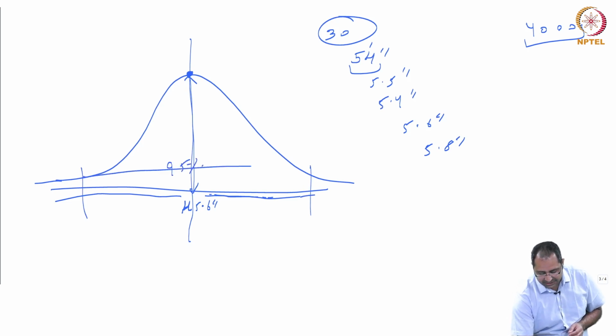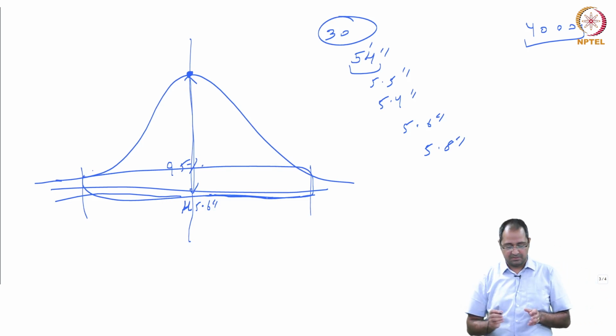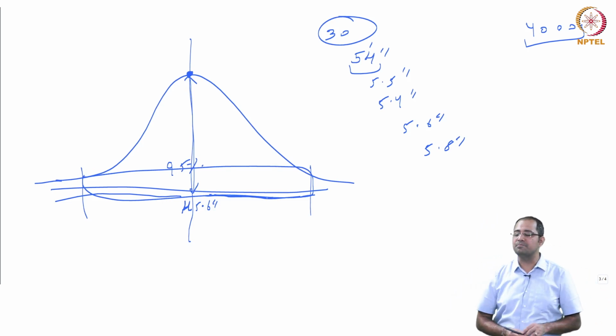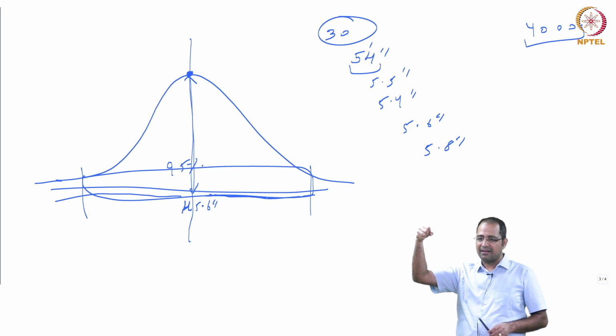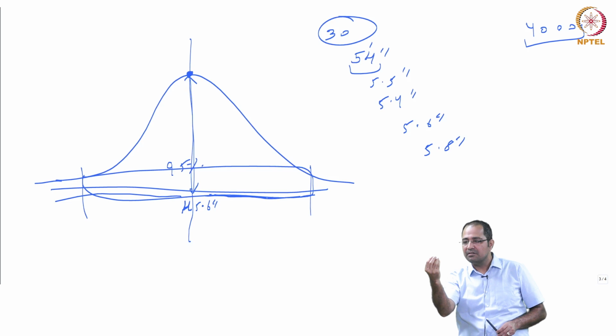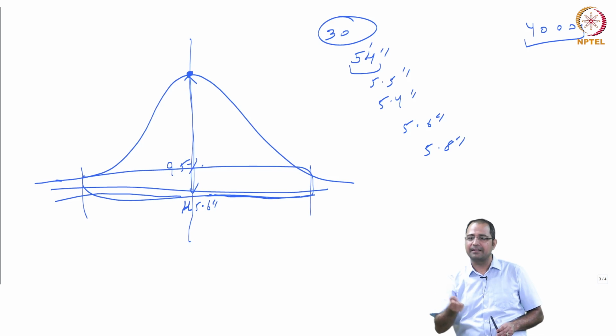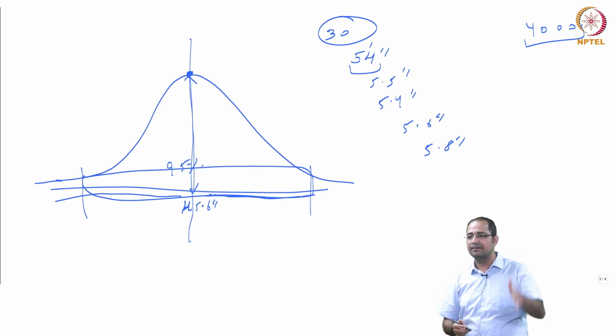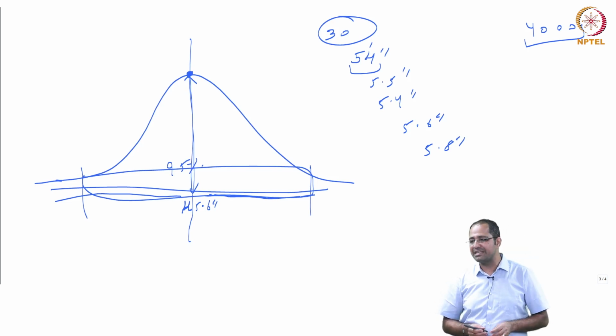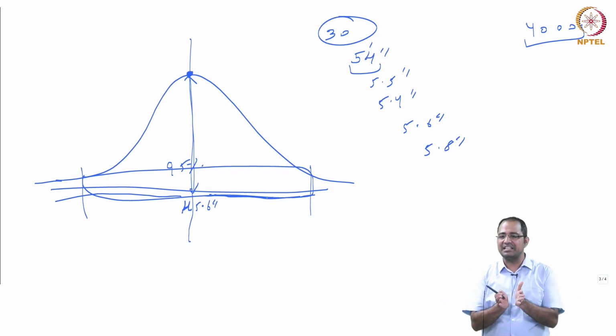and this is 95% of the area, let's say. This is called a sampling distribution, which means when I draw a sample of size 30 and take the mean of the sample, their height, and I keep doing that with sample size 30 from a population of 4,000, I keep drawing and draw this frequency curve, I will get a curve like this, wherein in the middle, the highest frequency will be the population mean, whereas on the sides the frequency will be lower and lower.